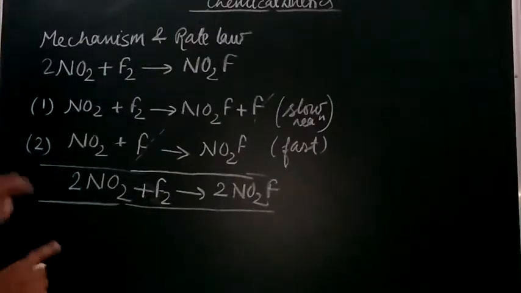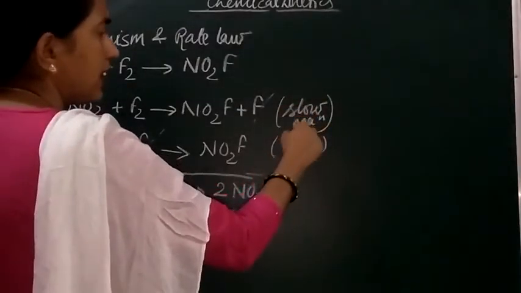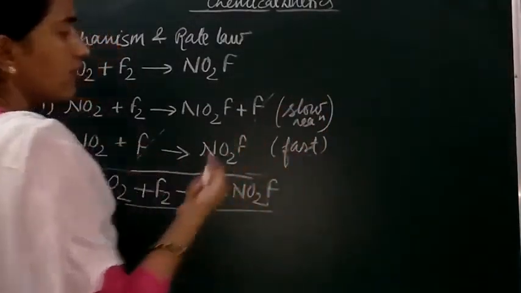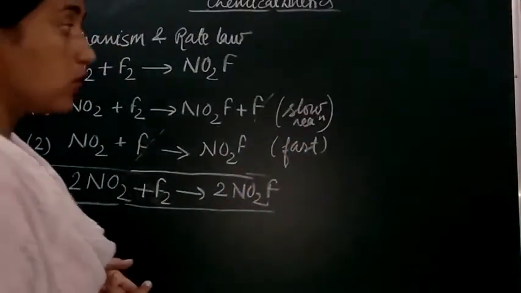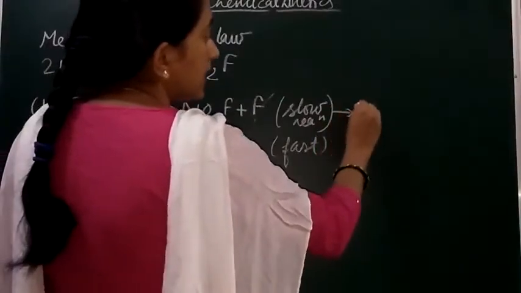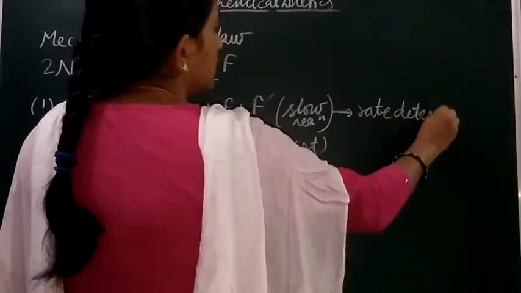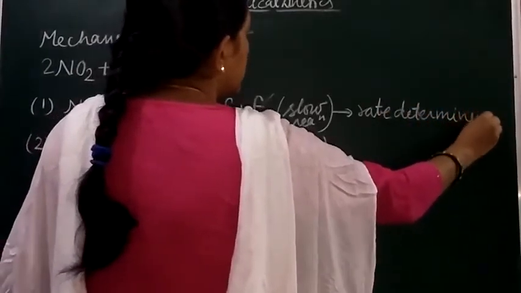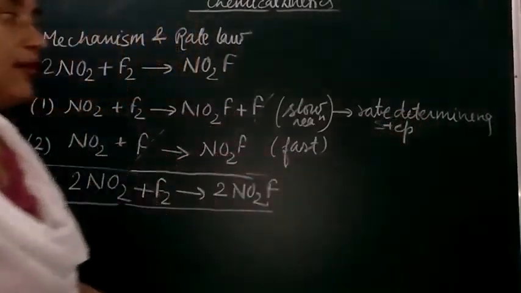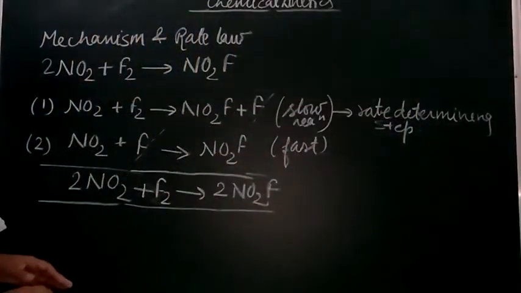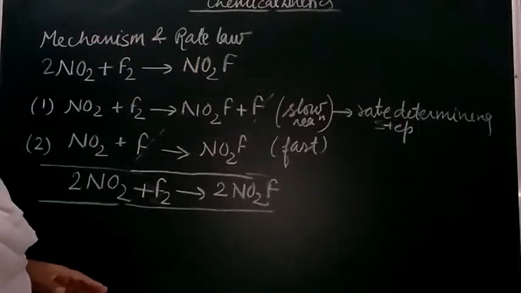Now, the second thing is: what is the significance of writing the slow reaction and the fast reaction? Students, the slow reaction is always the rate determining step. Again, I am repeating, the slowest reaction will be the rate determining step.